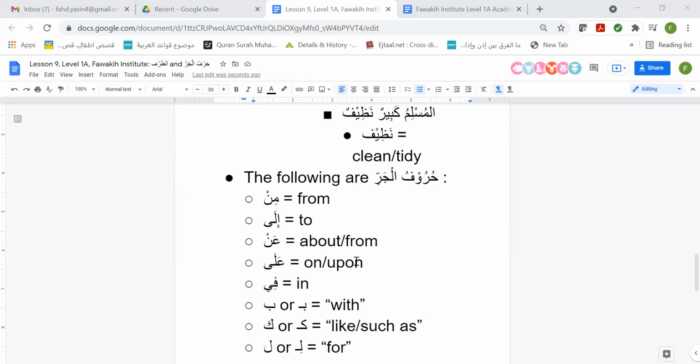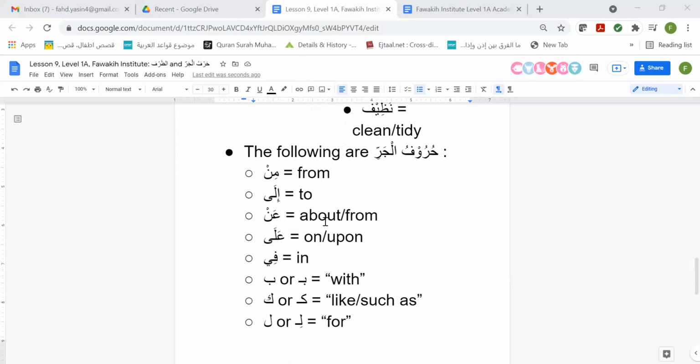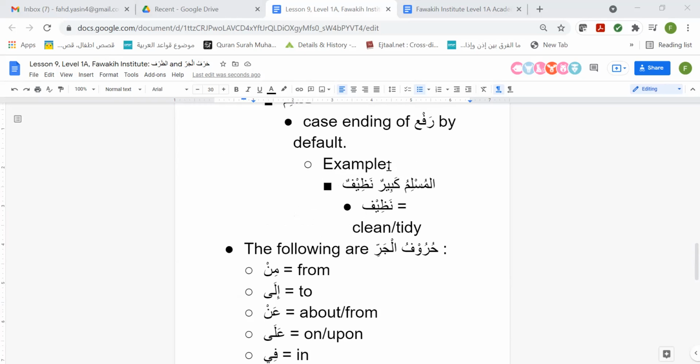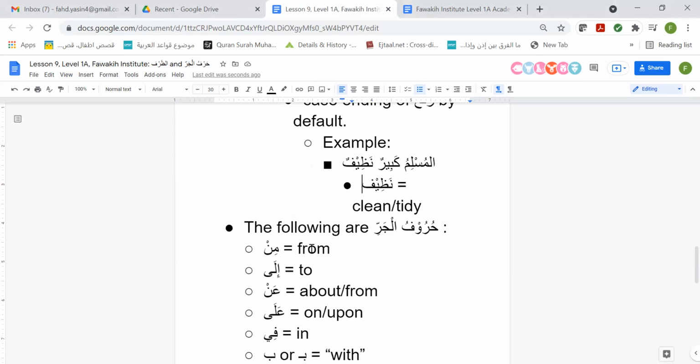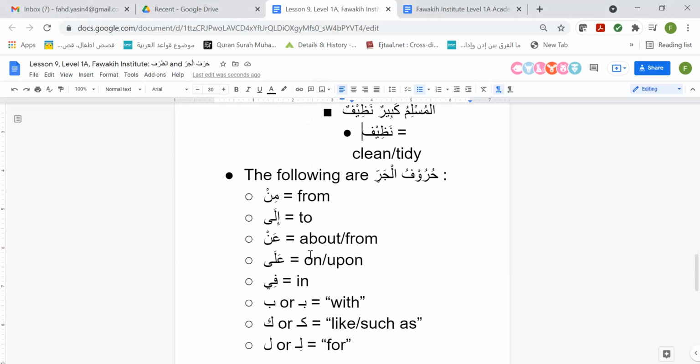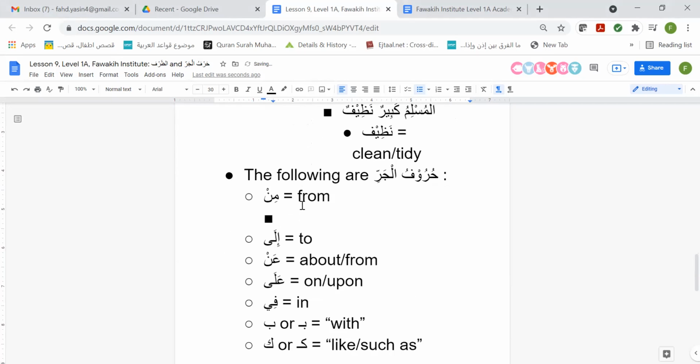Okay, so I'm going to go ahead and explain this real quick, and then I'll get back to the question, because it ties directly with the question. Min, I think, is pretty clear, and I'll give an example for each. So let's just say min al-muslimi, just means from the Muslim.